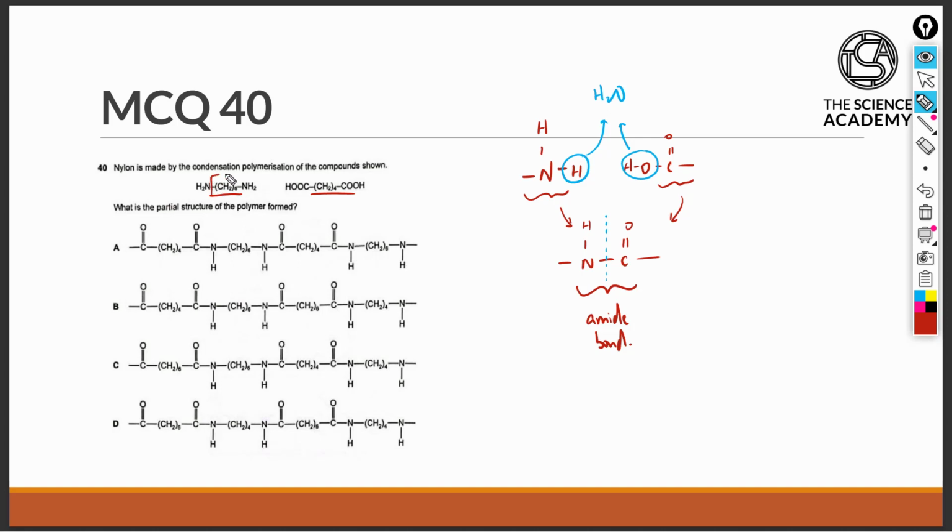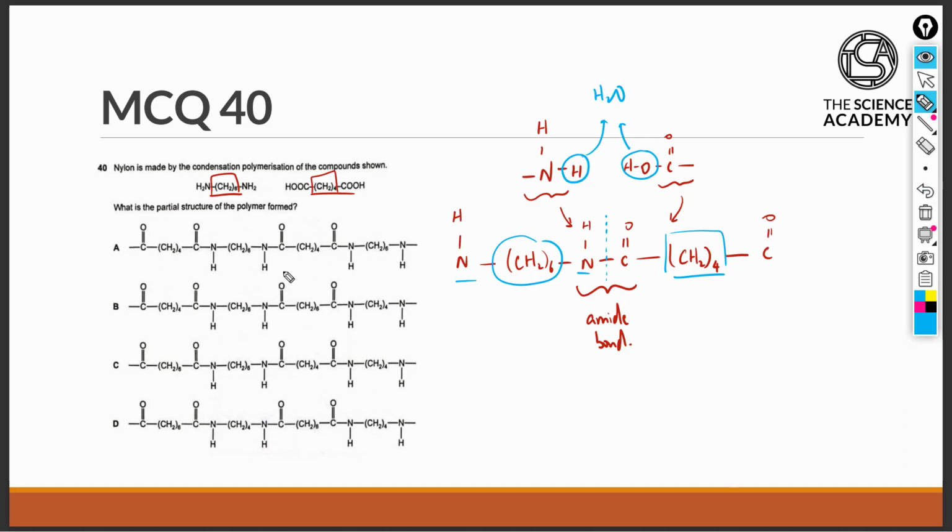We see that the remaining compound between the amine groups is 6 of a CH2 group, while that in the carboxylic acid is 4 of a CH2 group. Therefore, 6 CH2 will always be found between the two amine groups, or the amide bonds in this case formed after polymerization, and 4 CH2 groups are found between the carbonyl groups.